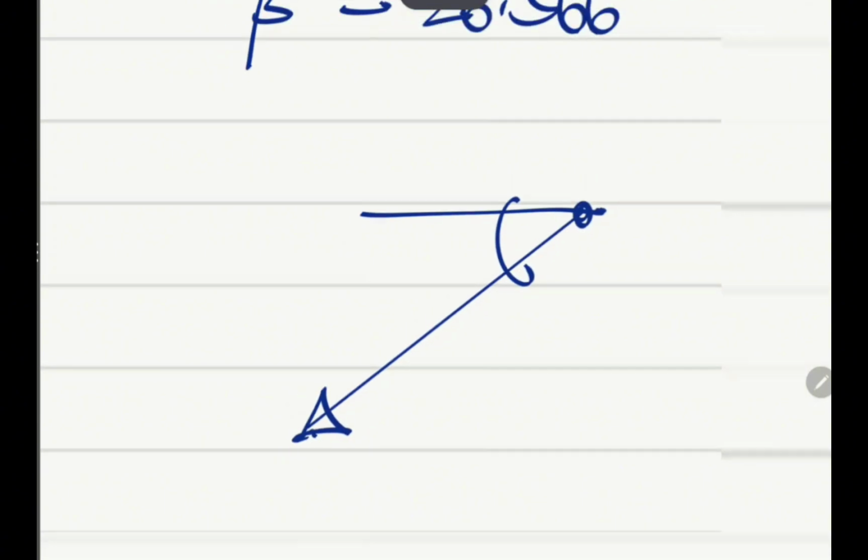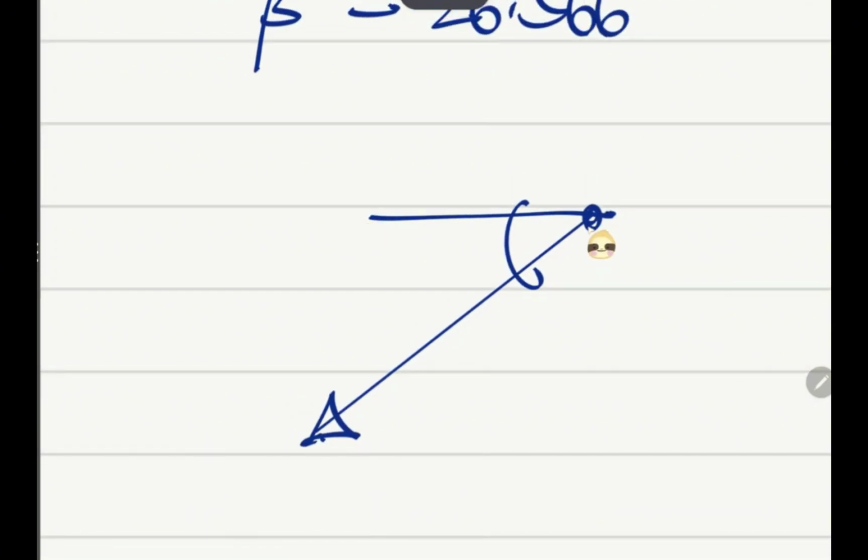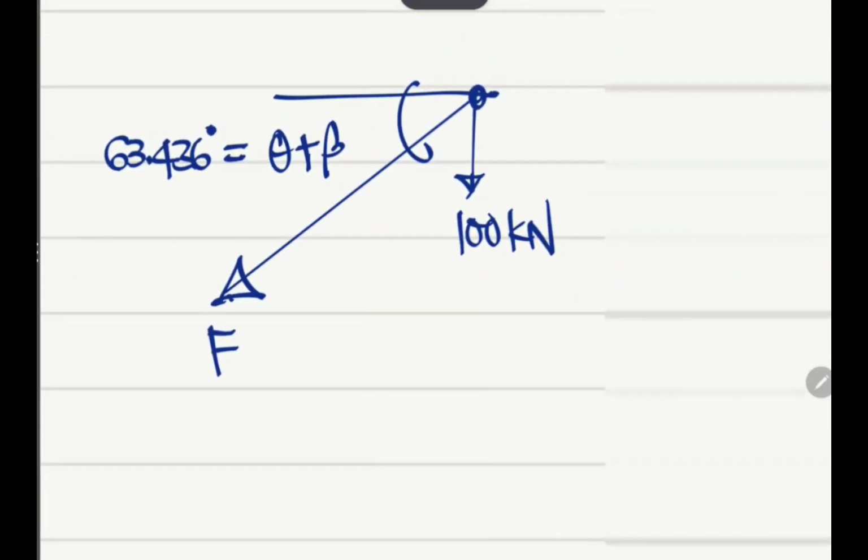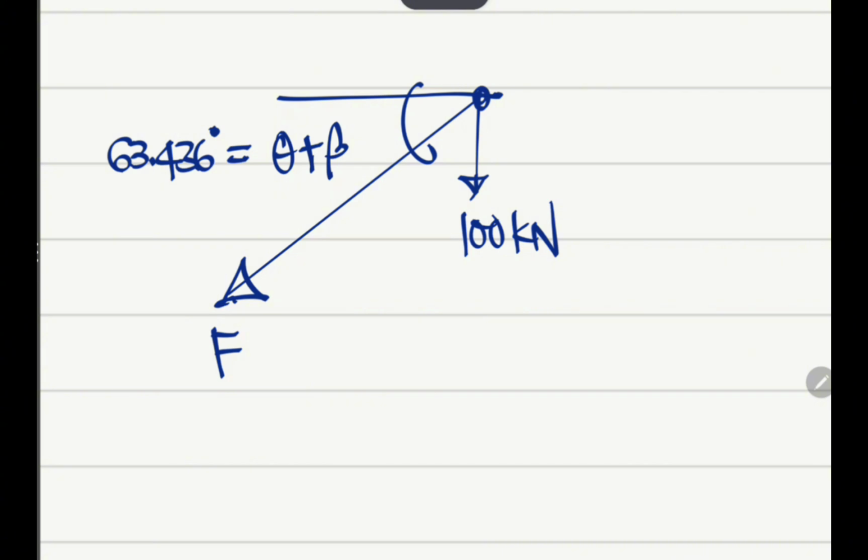So its angle from the horizontal, with the vertical component being 100 kilonewtons, is theta plus beta, which is equal to 63.436 degrees. So we can now get force F.